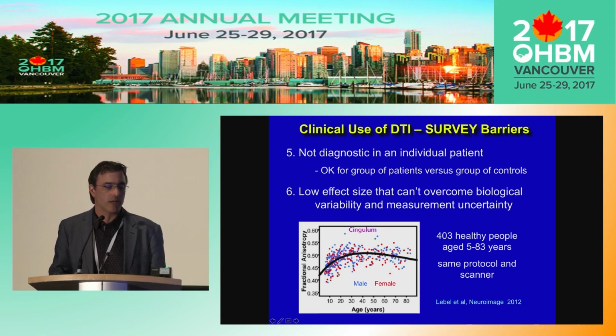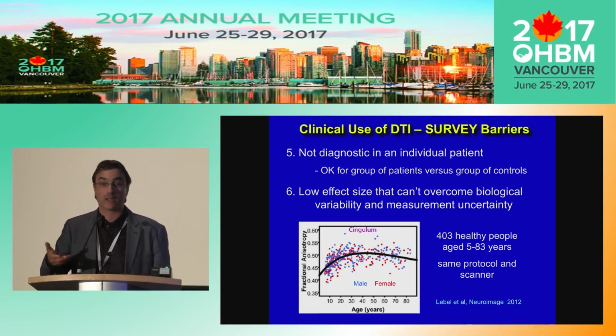And you can kind of see that here in this healthy development plot of fractional anisotropy versus age, where there's just lots and lots of scatter. This is 400 people, and if you look at a bunch of 20-year-olds, you can see that there's a range of FA that's quite huge. It spans pretty much kids as young as 10 to people as old as 80. So how are you going to make use of this in a diagnostic clinical setting if this is the variability you're getting in your numbers?